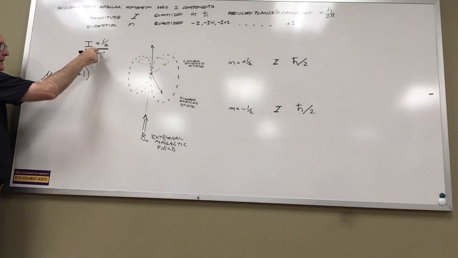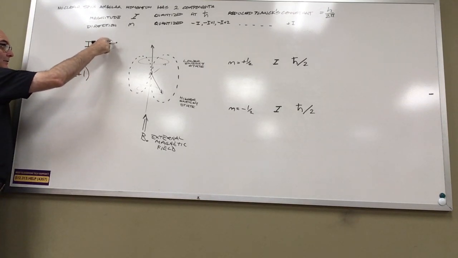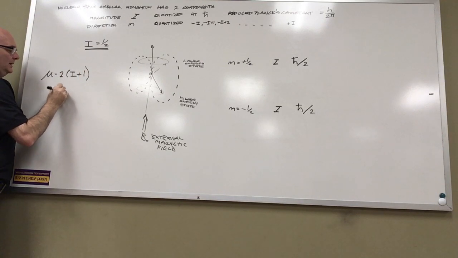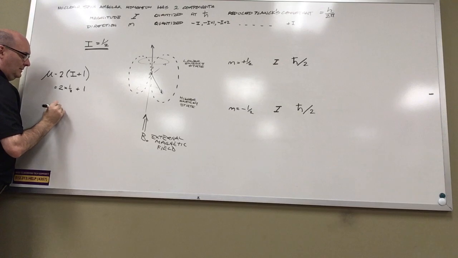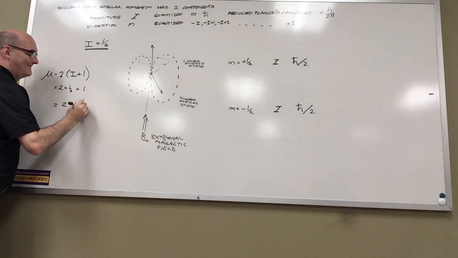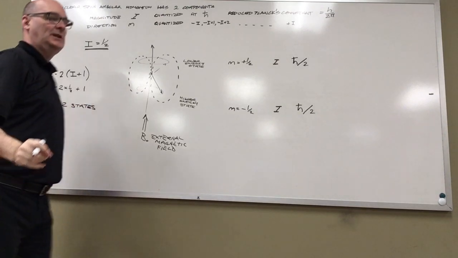So for a spin half nucleus, that is 2 times a half plus 1. It means I have 2 states.